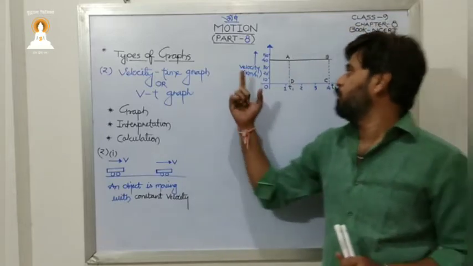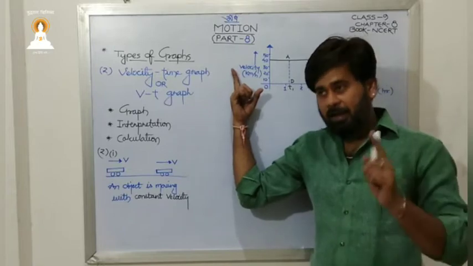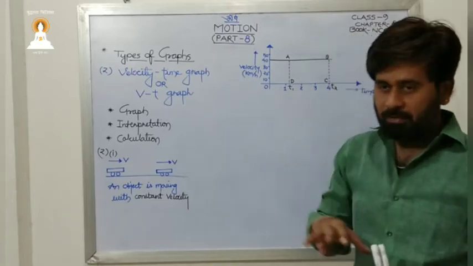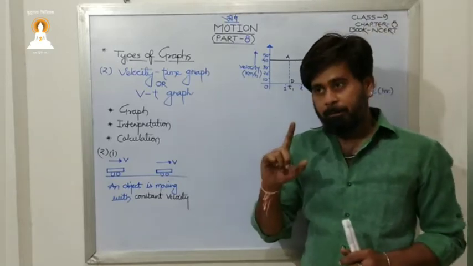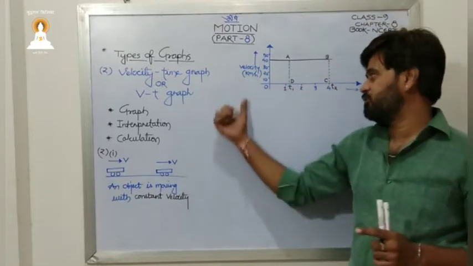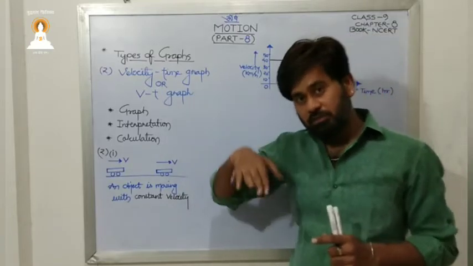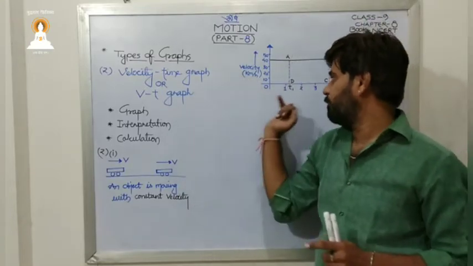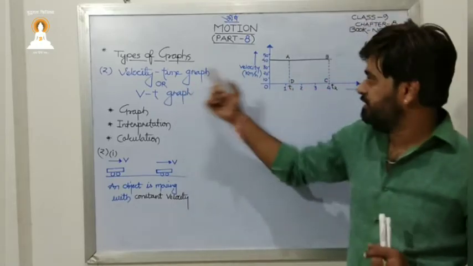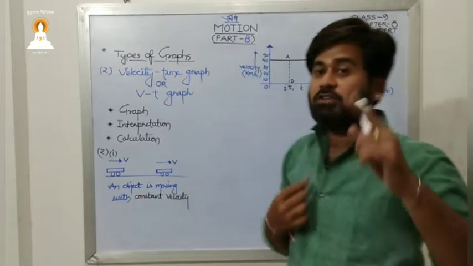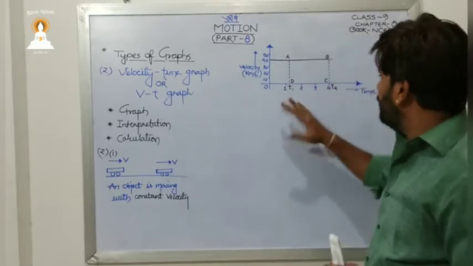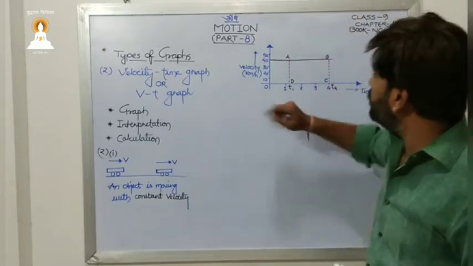Because over the y-axis we had distance, over the x-axis we had time, and we had a formula for slope: change in y-axis upon change in x-axis. Change in y-axis upon change in x-axis means distance upon time, and distance upon time is speed. So just by observing the distance time graph, we can find out the speed or velocity. Yes or no? Now here we have to observe what we can do.